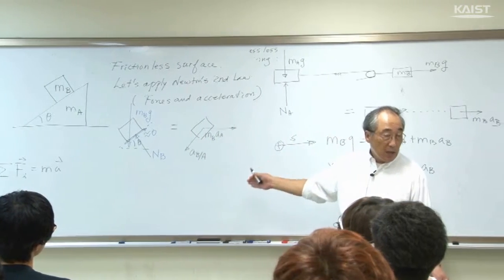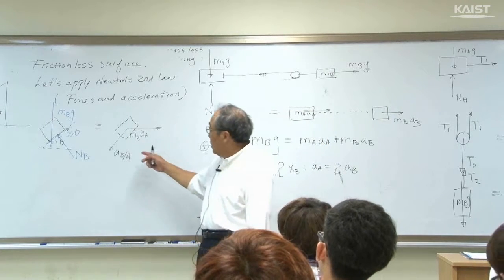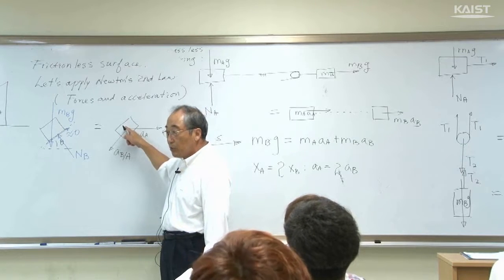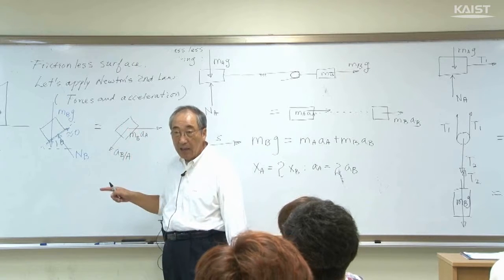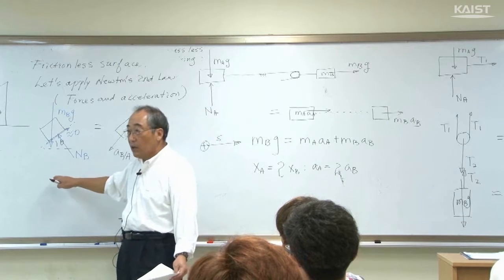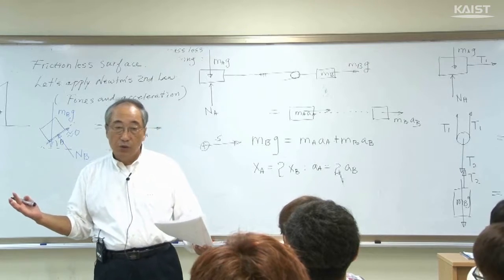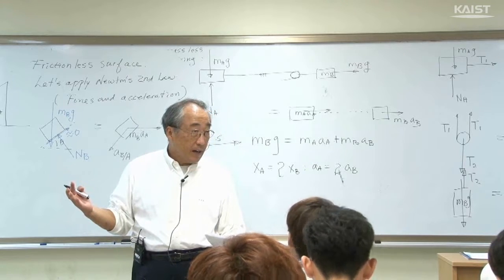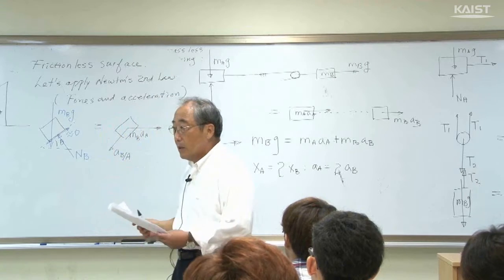This is the total acceleration seen from the ground. If you are using a so-called moving coordinate attached to the mass MB, what you can see is only ABA. Removing this and applying Newton's second law on this graphical expression will induce error. Everybody got it? This is a very important highlight of this lecture.